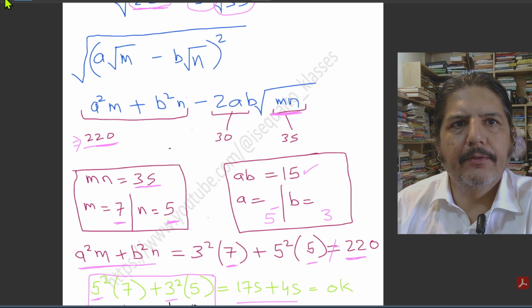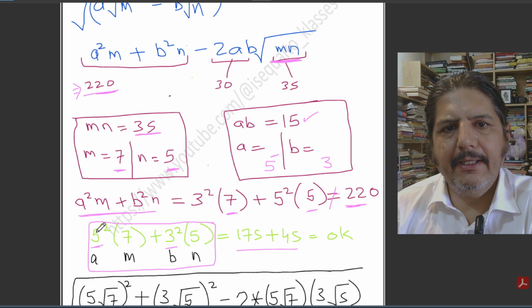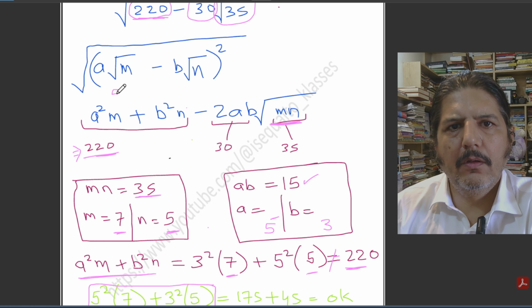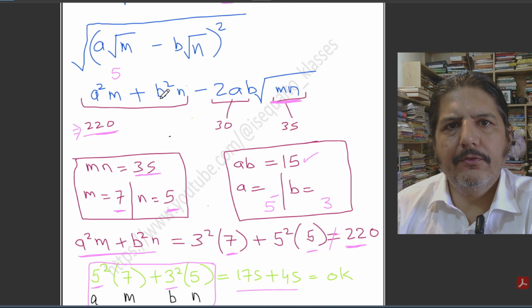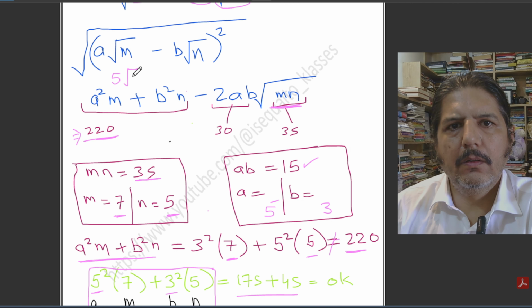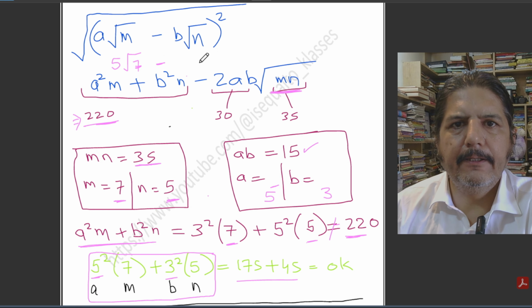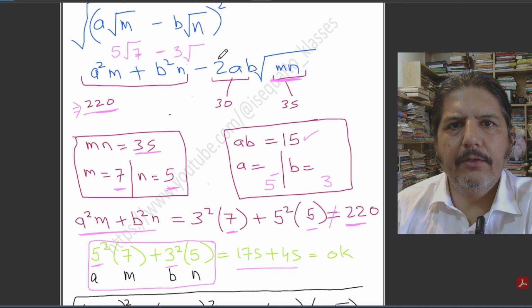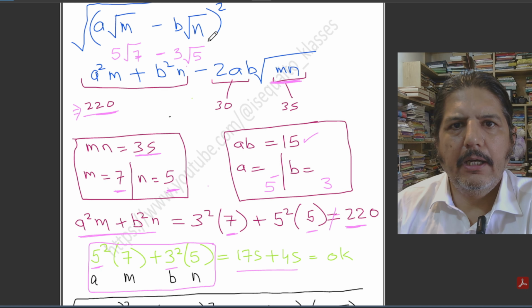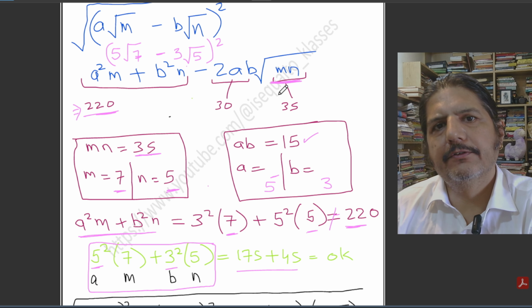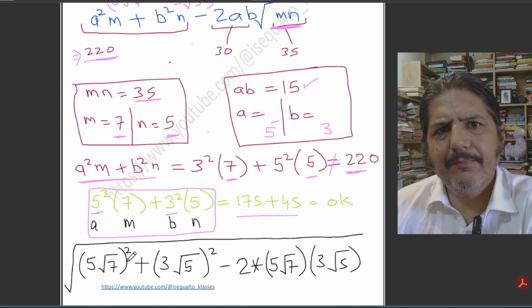So finally my A is 5, M is 7, minus B is 3, and N is 5. I'm taking square of this. So this is just a step that is in between.